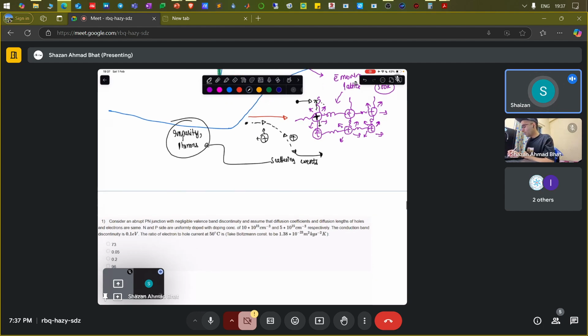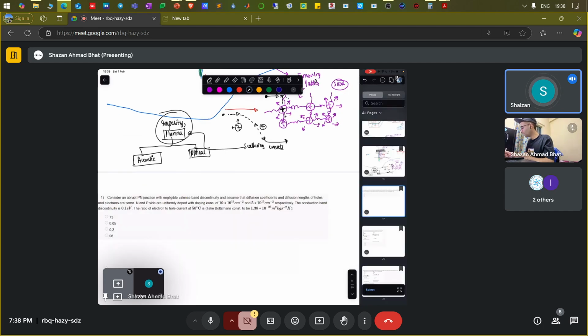So these lattice vibrations, which are basically the phonons, come in two types. One is called acoustic phonon, the other is called optical phonon. You don't need to deal with the in-depth concept of these, because these are very complicated concepts.